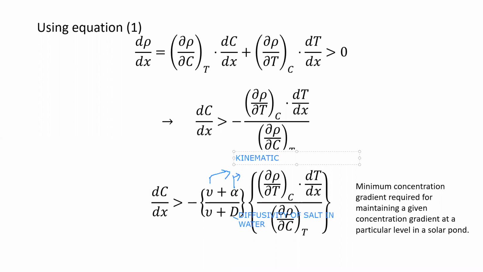So the minimum concentration gradient required for maintaining a given concentration gradient is given by this equation.